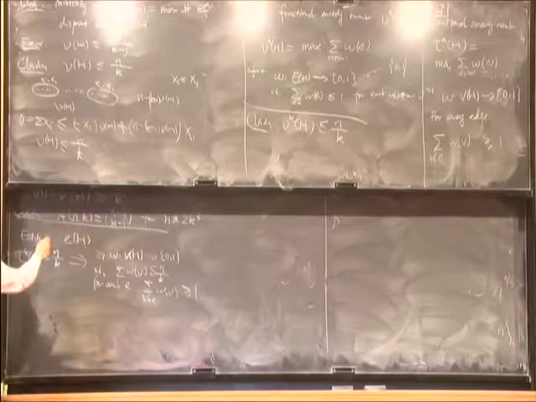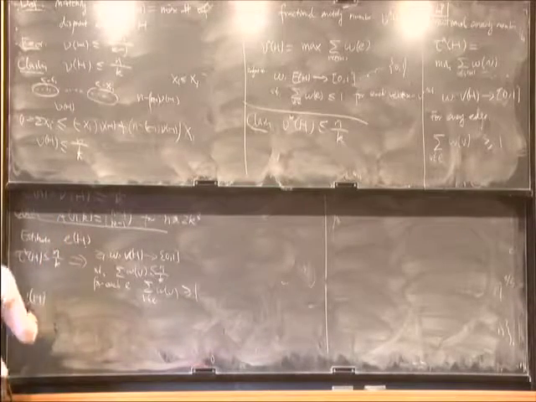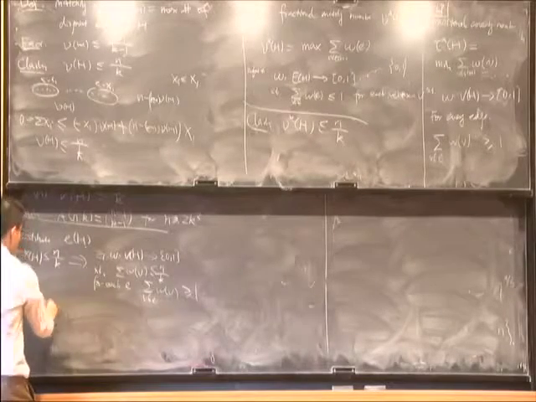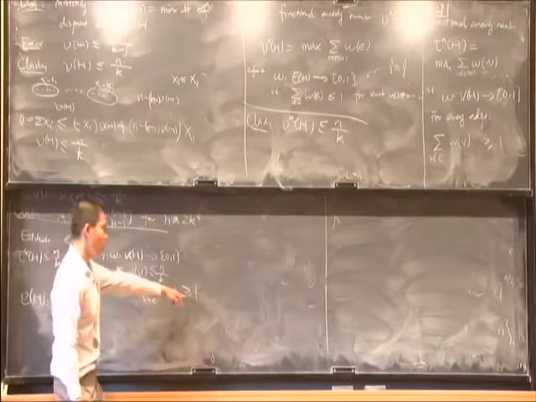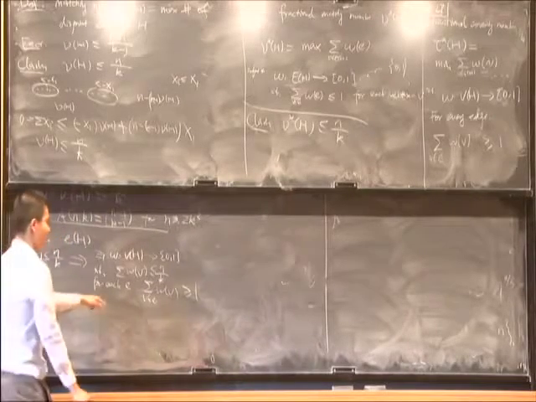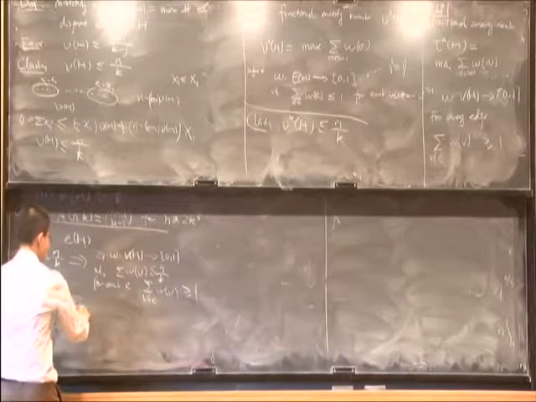Now to estimate the number of edges, we can just sum up the second inequality for every edge. So let's see what we get. If we sum up 1 for every edge, we get the number of edges, E of H. It's bounded by the double sum here.